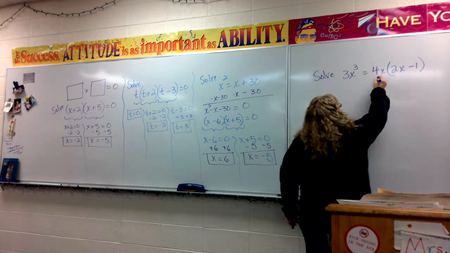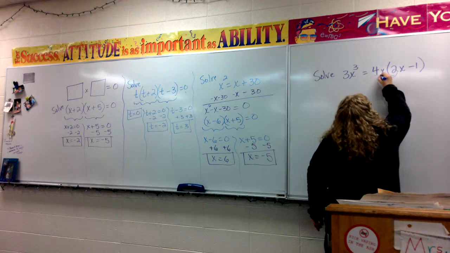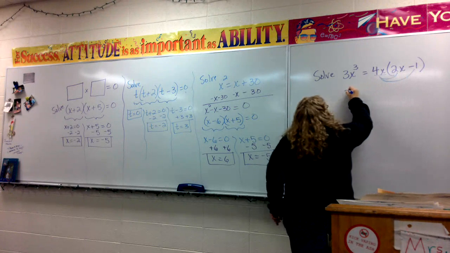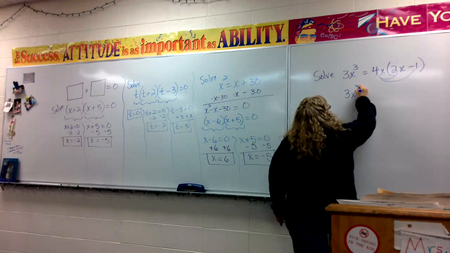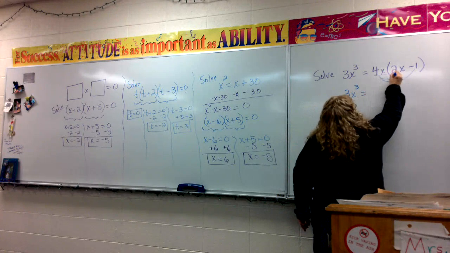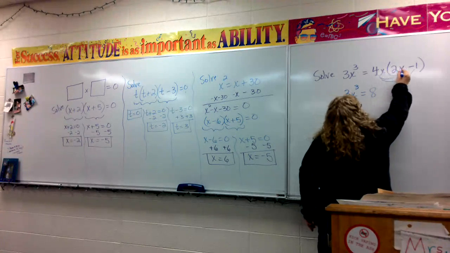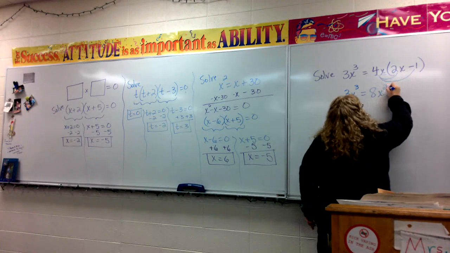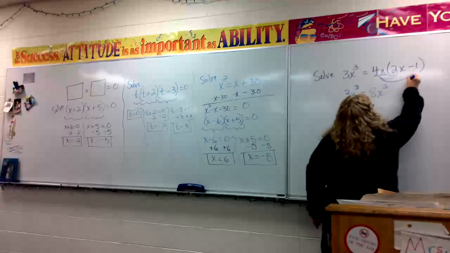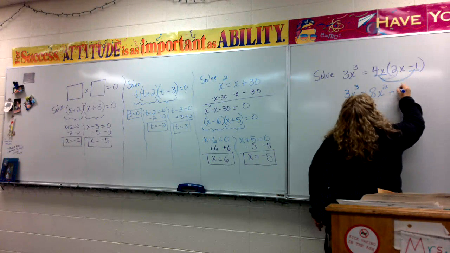Yes. Multiply this out first, I think. So 3x to the third equals 8x squared, and then you have to move over and do 4x times -1. How about that?